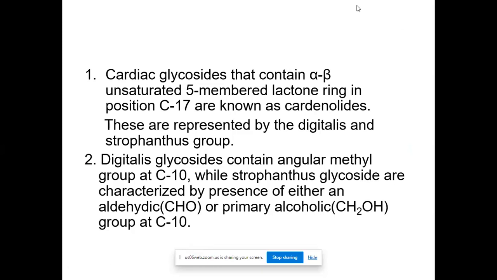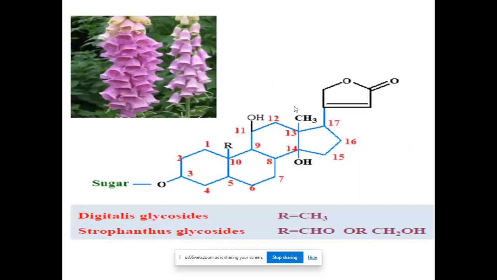They have the alpha, beta unsaturated 5-membered lactone ring at carbon number 17, and a methyl group at C10. This is just a repeat of the explanation of the structure. So here we have digitalis and the strophanthus glycoside.